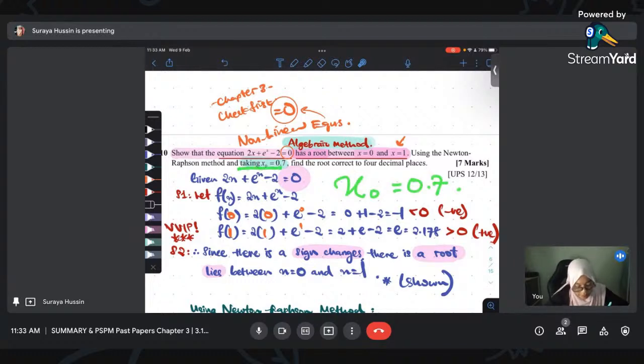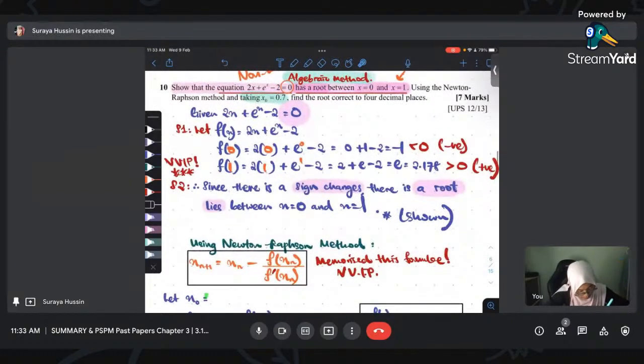Kalau dia kata by taking x naught dekat sini bermaksud the first approximation. This is the first approximate. All you have to do is just use it. Certain soalan, dia bagi first approximate x1, tapi soalan ni dia bagi x0. Kalau dia bagi first approximate x0, just use it. Don't argue with it. Okay?